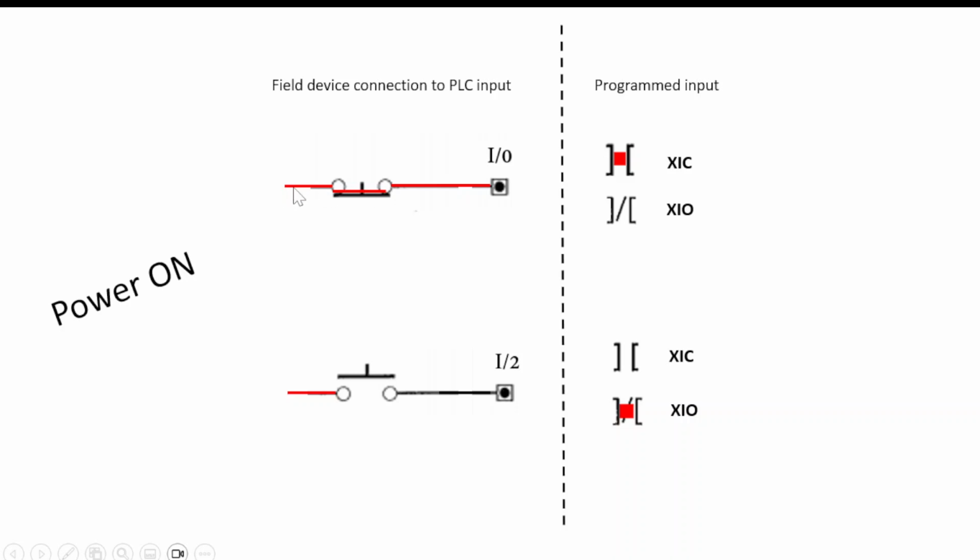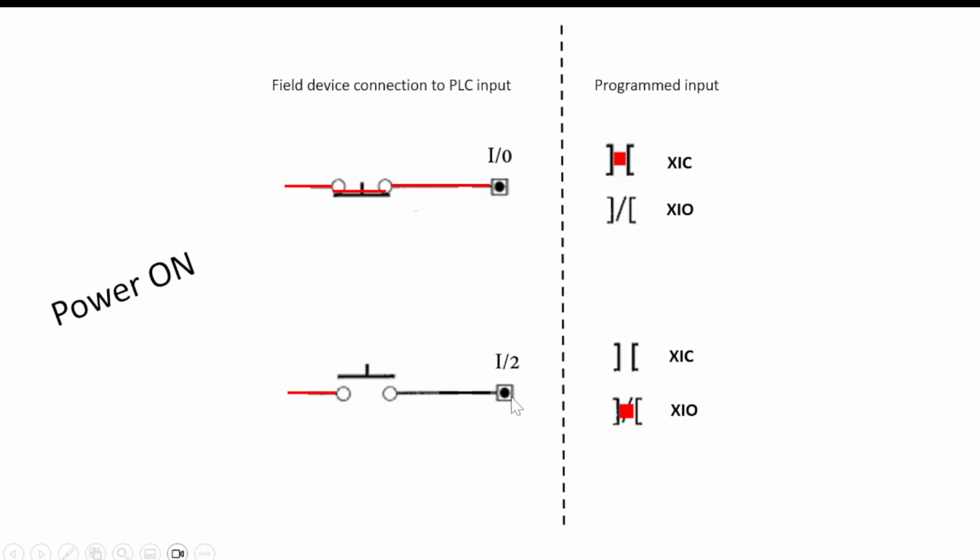Immediately, we can see here a normally closed device is applying a voltage to input 0. With the XIC device, that results in this input programmed symbol going true. The XIO remains false. So false when there is voltage applied to input 0.